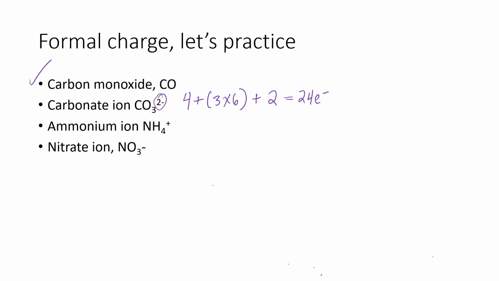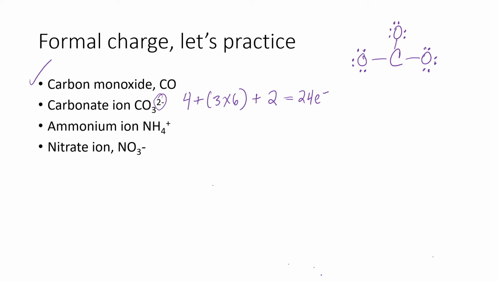Let's do the usual order of business. We're going to do our skeletal structure. We're going to make some bonds. We're going to distribute some electrons until we get to 24. Almost there. Okay, if we count that up, I'm pretty sure it's going to be 24 electrons.